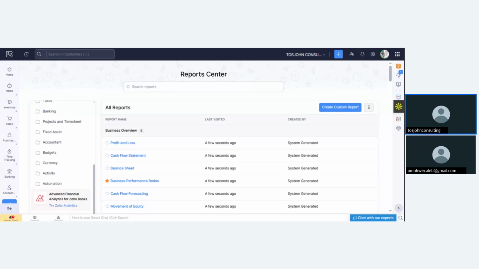So in setting up the software, right? Because most of these software are cloud-based. Since they are cloud-based, once a client approaches us that they need accounting software, we will get it for them.